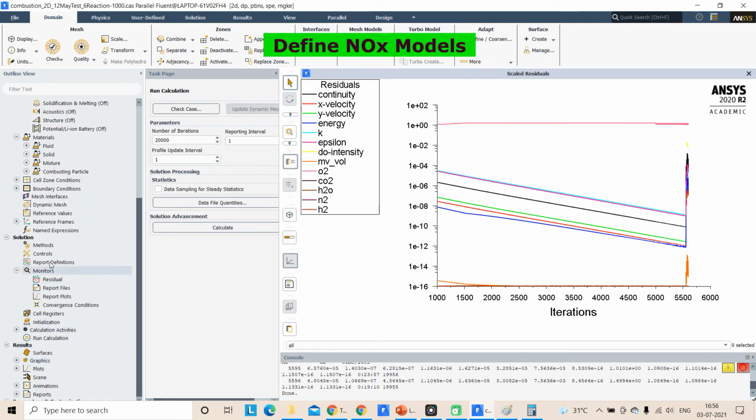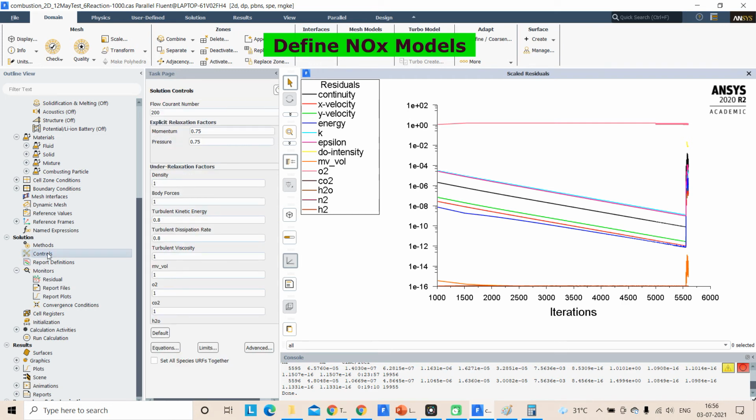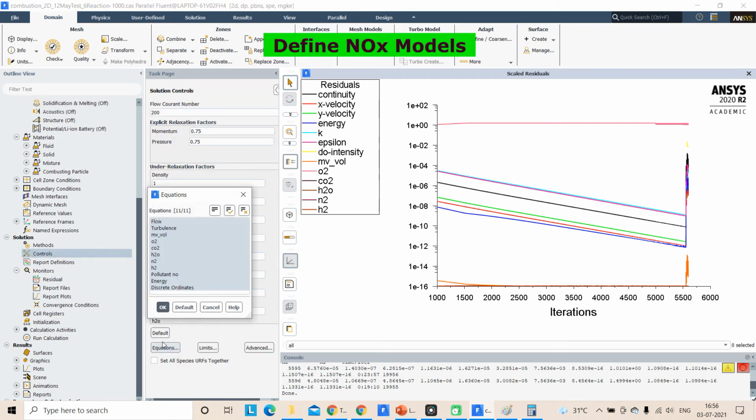Next is the solution. In the solution control, we can avoid these equations: flow, turbulence, species transport, pollutant energy, while solving the NOx equation.